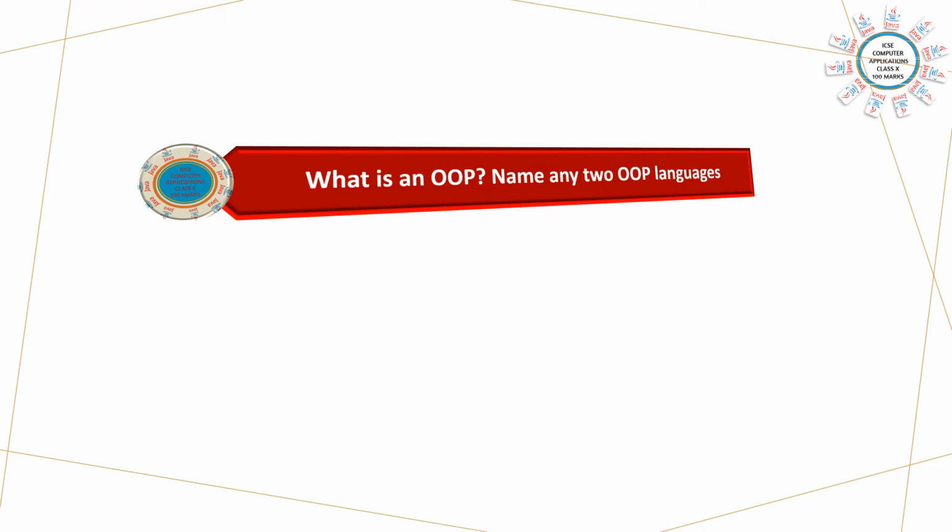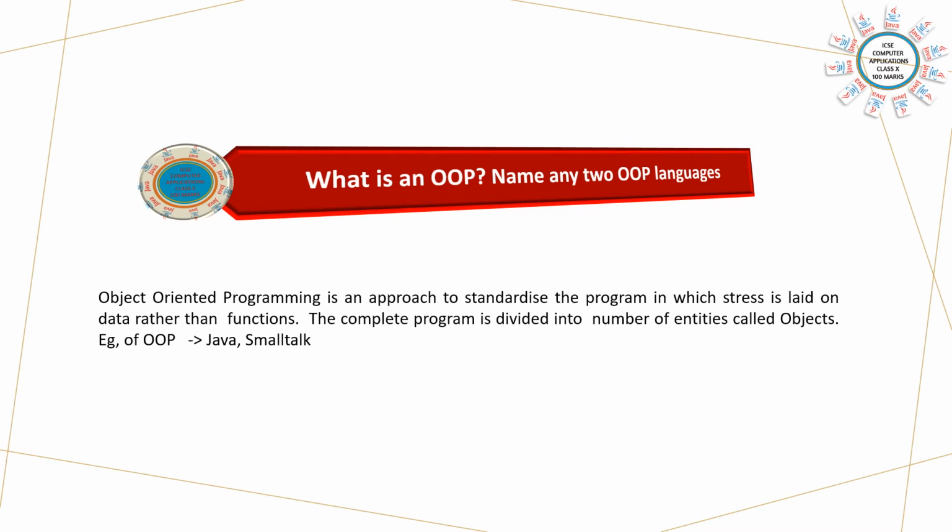First question, what is object-oriented programming? Name any 2 object-oriented programming languages. Here see, I have written just a 2-line answer, but the points are covered. Object-oriented programming is an approach to standardize the program in which stress is laid on data rather than functions, and the complete program is divided into a number of entities called objects.